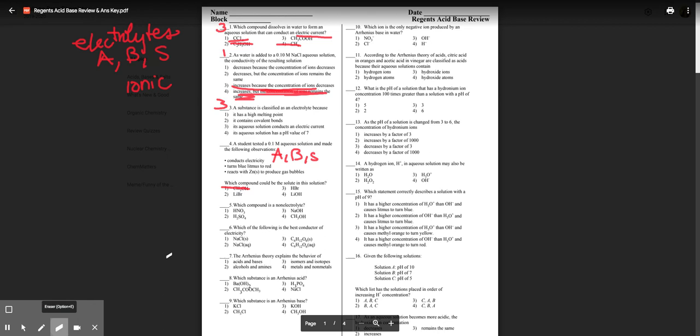Now, let me actually go back for a second. The difference between CH3OH and LiOH, and I'm going to write that over here. CH3OH and LiOH. One of them is a base and one of them is not. This one is not because it is organic. What does it mean to be organic? Well, you've got carbon.